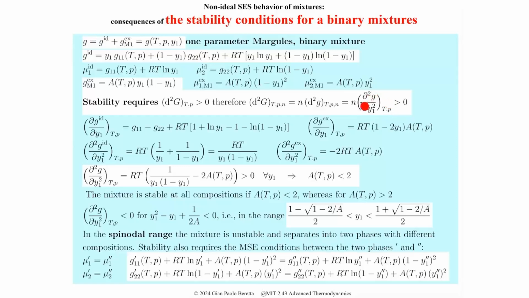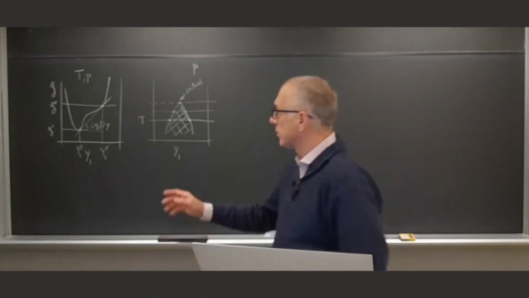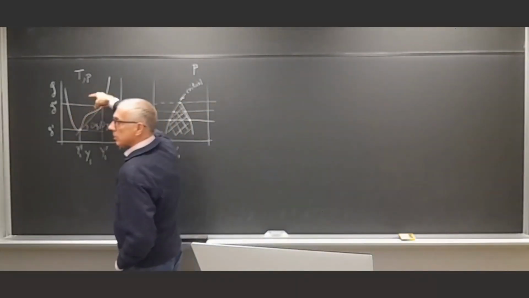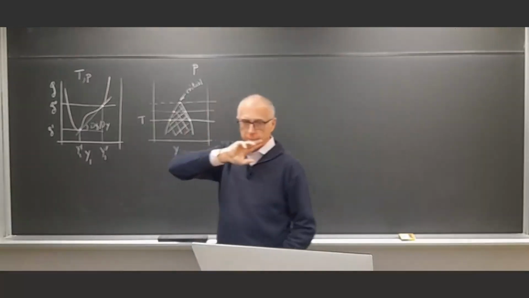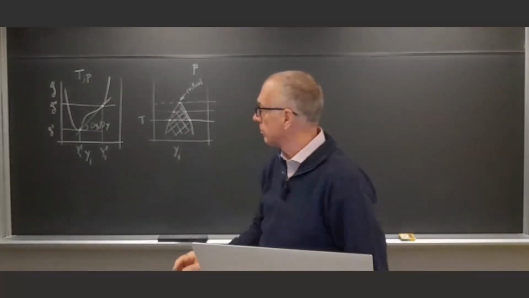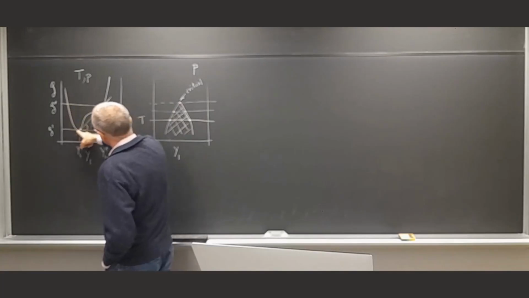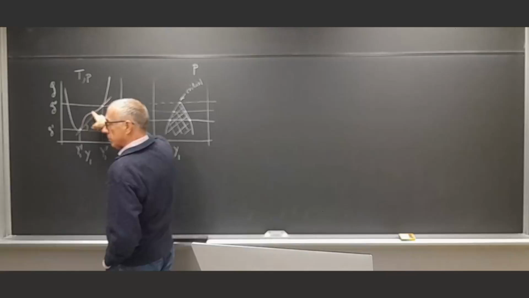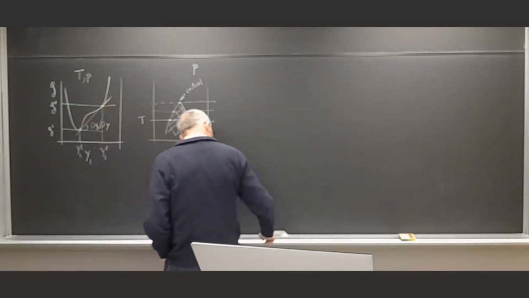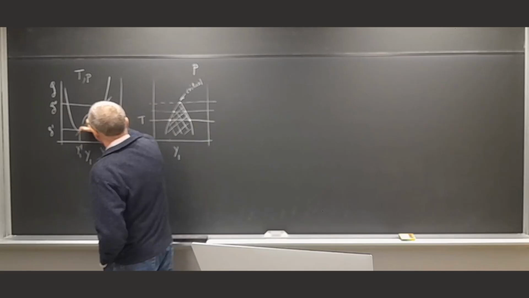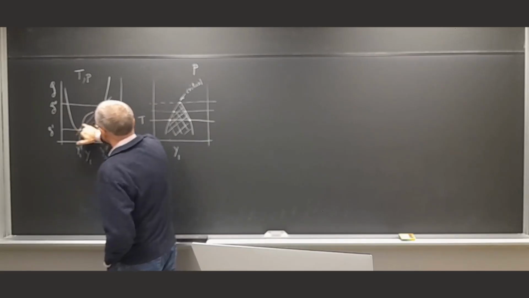And so this is the second derivative, and on this graph, the second derivative is the convexity of the curve. It has to be positive. So we see here that it's positive here, it's positive here, it's positive up to a certain point here, but then it becomes negative, the second derivative. So from where it becomes negative to where it comes back positive, this is the region of instability.